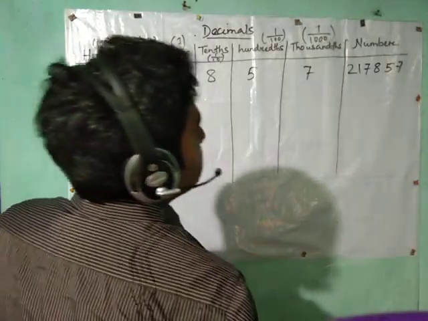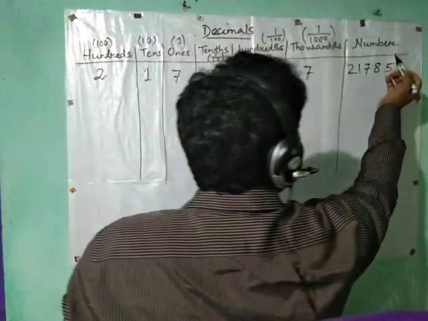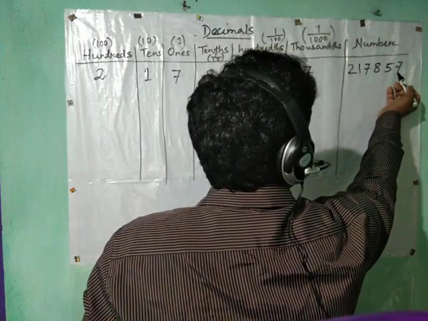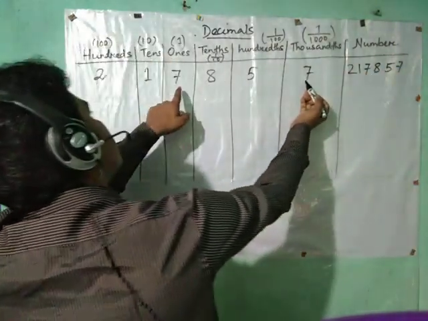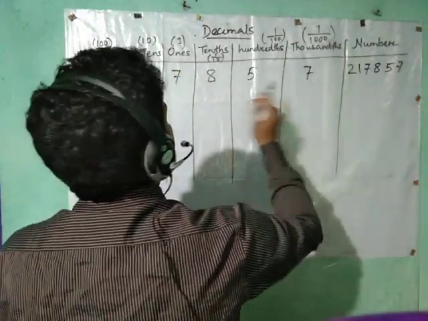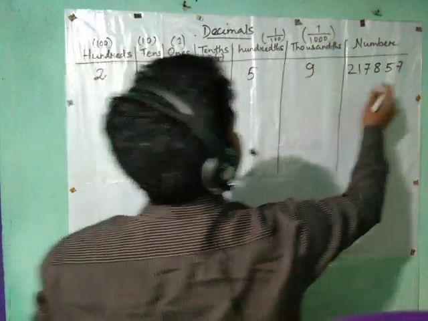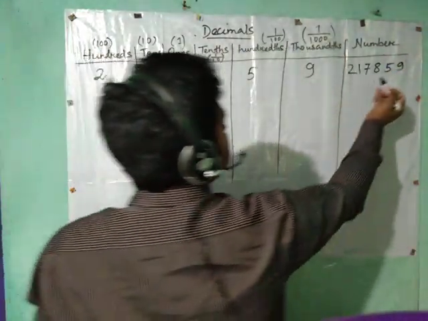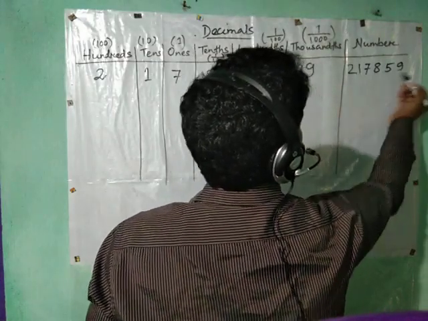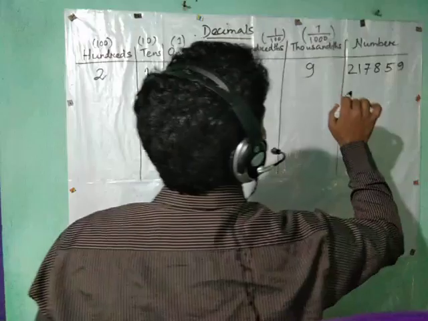But the most important thing, if you write it in this way, what will happen? This 7 will mean that it is in the ones place. But is that 7 in the ones place? Here it is matching. Suppose this is 9. Let us consider, no need to be confused. This 9, if you look here, will show that it is in the ones place.